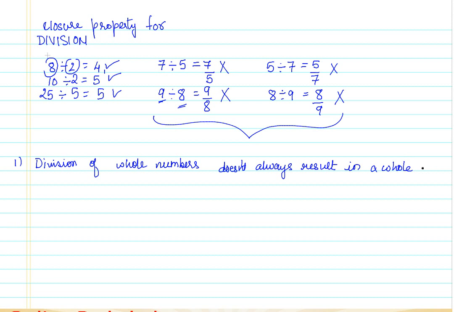Please note, we say that it doesn't always. It means sometimes it does give us a whole number, but many times it will not, as we saw in the cases here. And as a consequence of this, we can conclude that whole numbers are not closed under division.